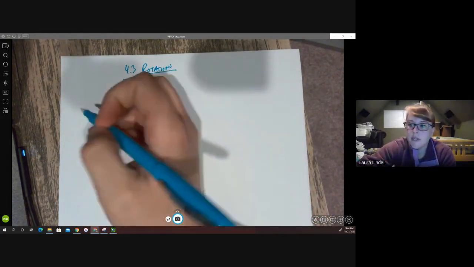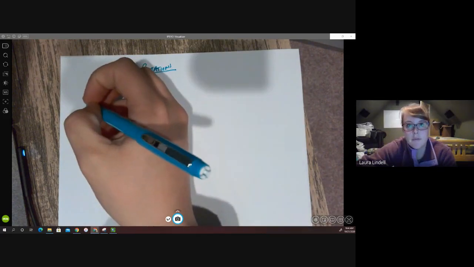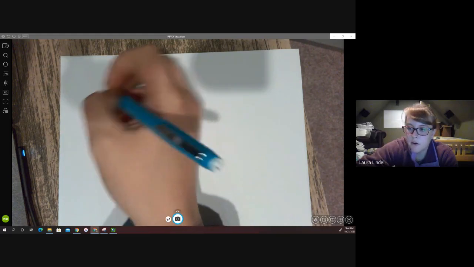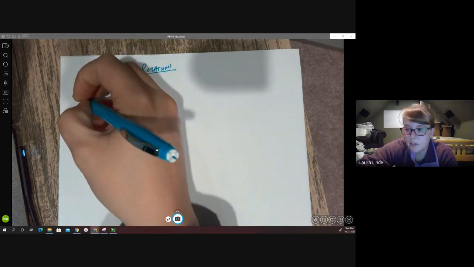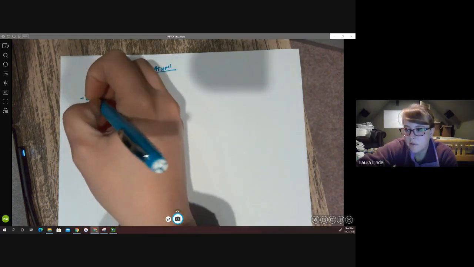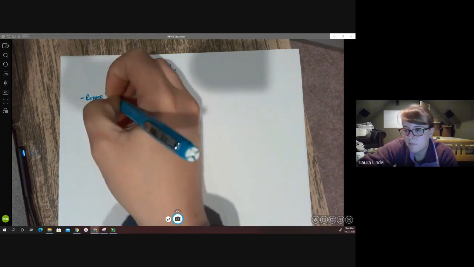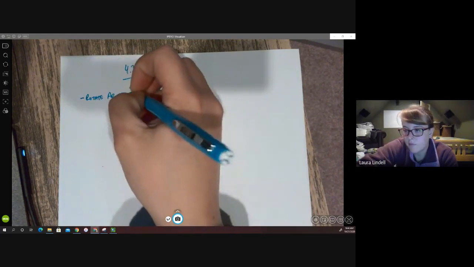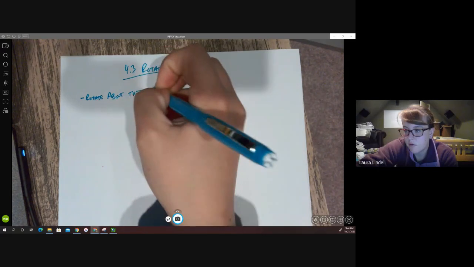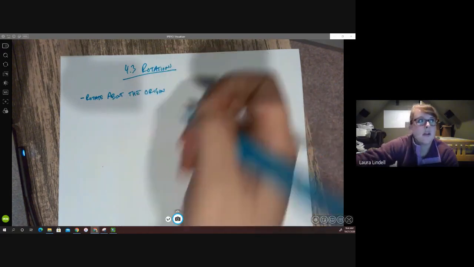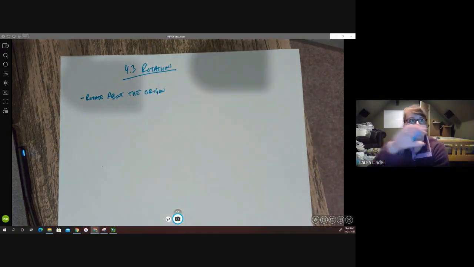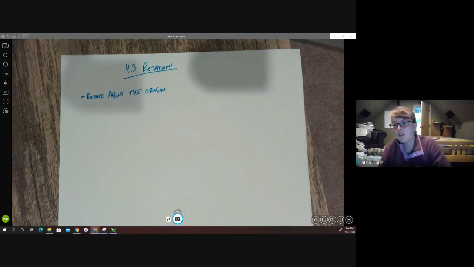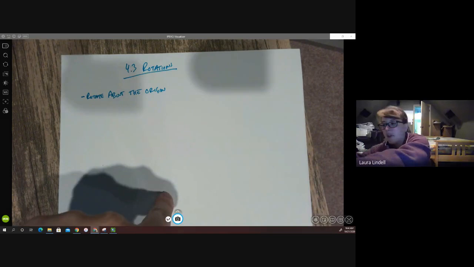So let's see, when we rotate, you're going to have a point that you're rotating about. Pretty much all of our rotations will be about the origin. So when we say things like we're going to be rotating about the origin, that just means that, like if this was the origin, that's the point that I'm rotating around.